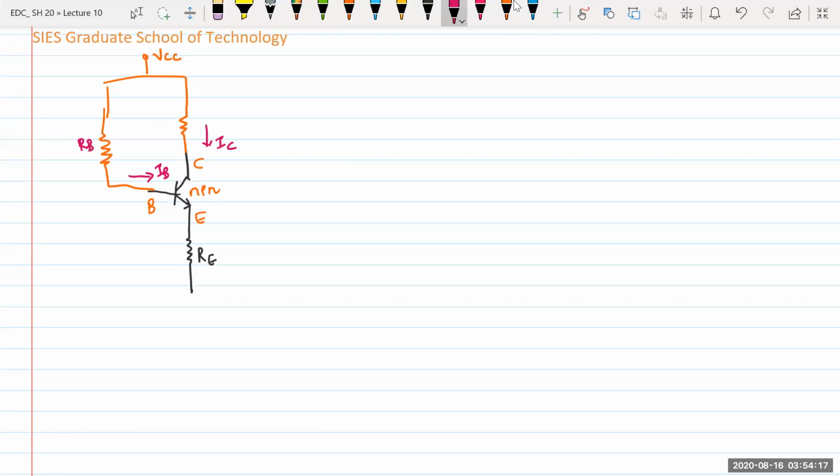Resistor is RB. Resistor is RC. And the emitter terminal is connected to ground, and the current through this particular terminal is IE. As per our last video, our analysis says this is my DC equivalent fixed bias circuit. So to this, I am going to apply the input loop.